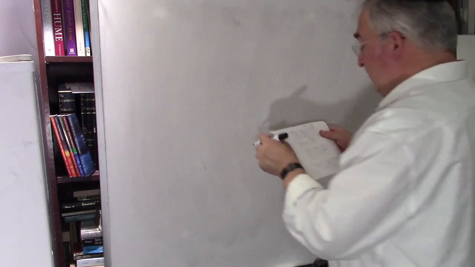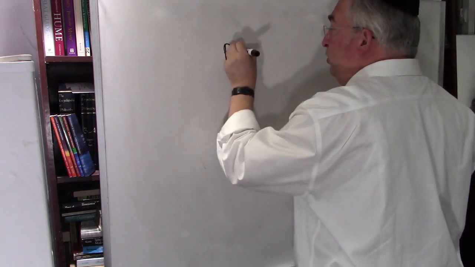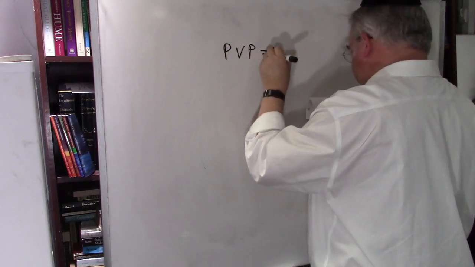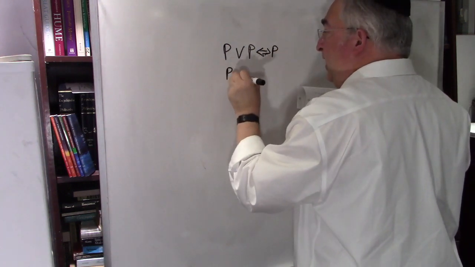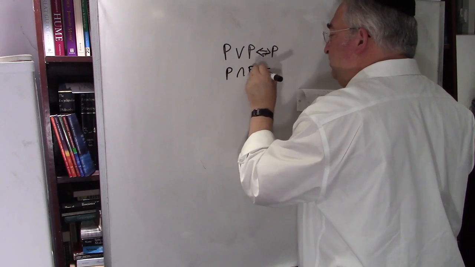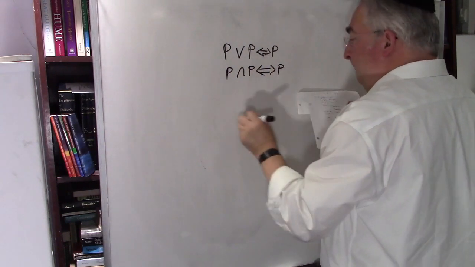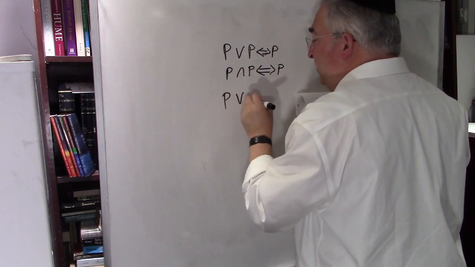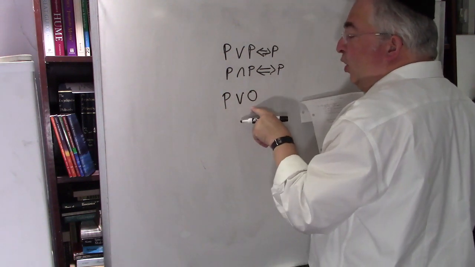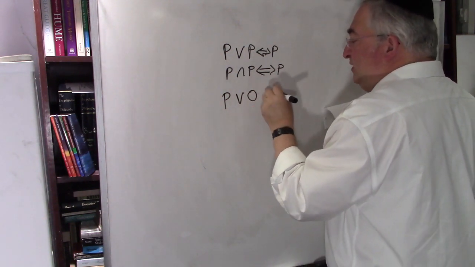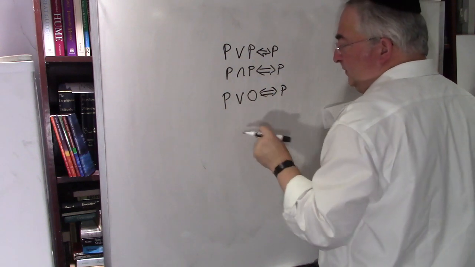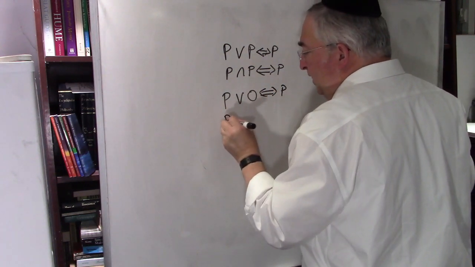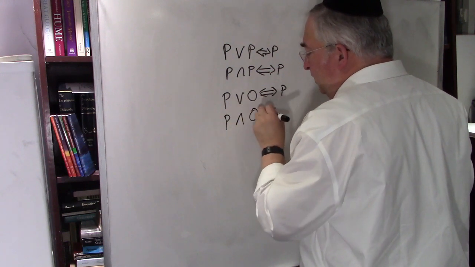Thank you. Okay, let's do P or P is logically equivalent to P. P and P is logically equivalent to P. P or 0, what's 0? Something that's always false, is logically equivalent to P. P and 0.